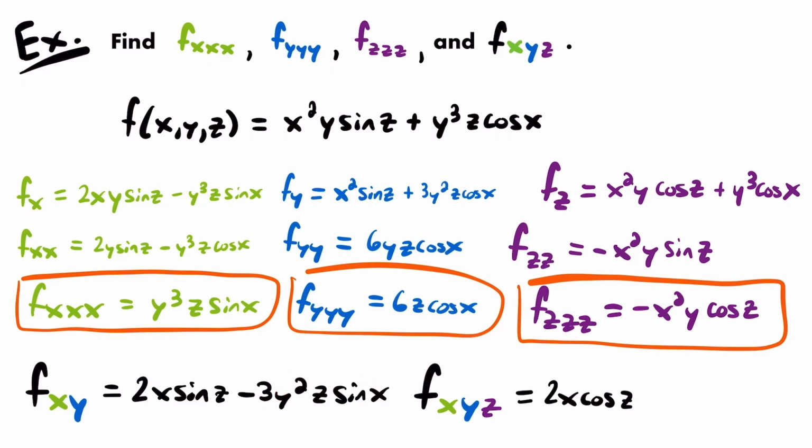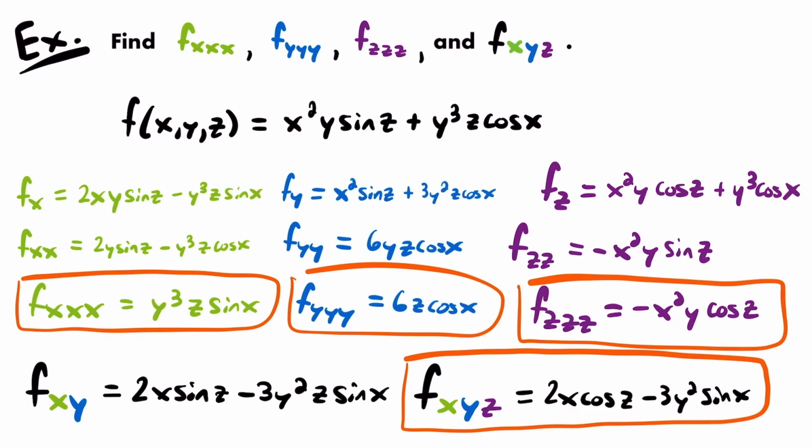Everything else is in terms of the other independent variables, which we're treating as constants. So the derivative of z to the first power would just be those constants. So remove that z, and you have the derivative. Minus 3y squared times sine x. All right, and that's it. That is the third partial derivative, where we take a partial with respect to x, then y, and then z. And so we have completed this example.